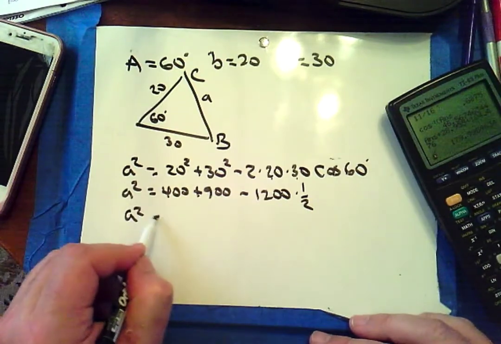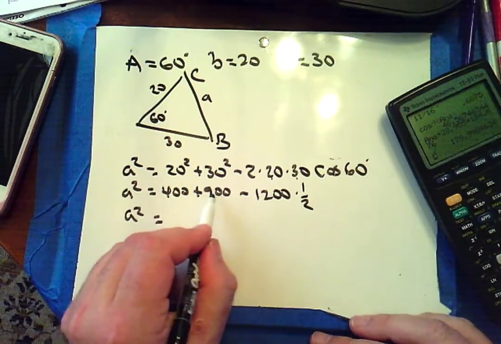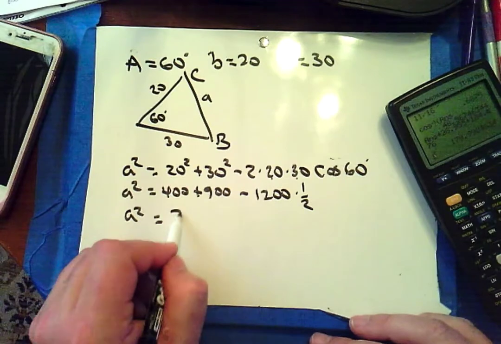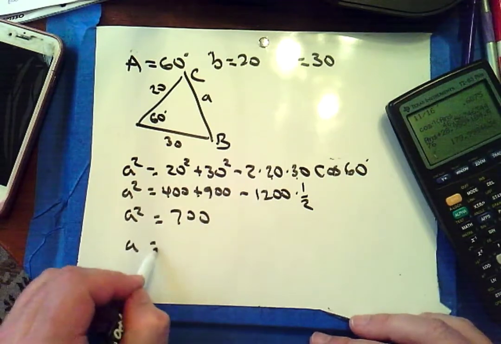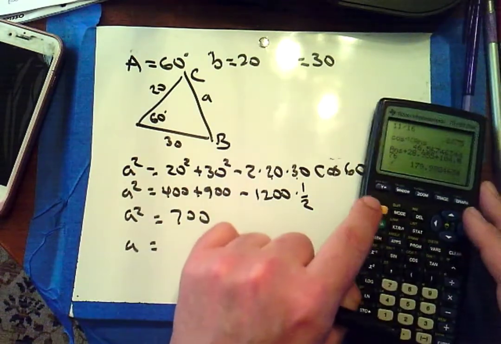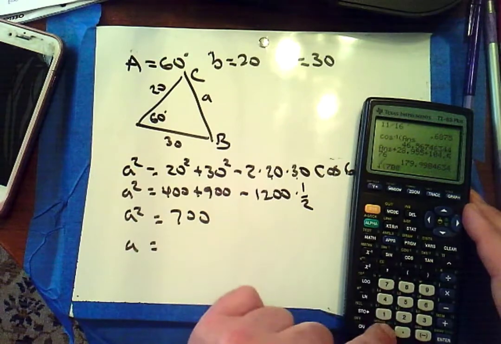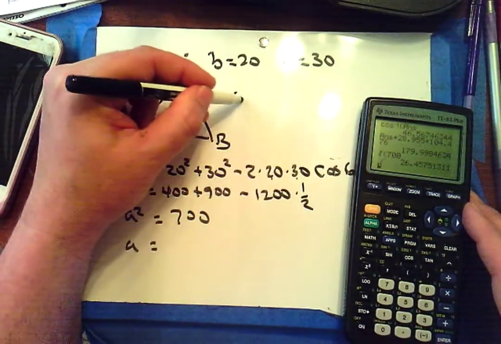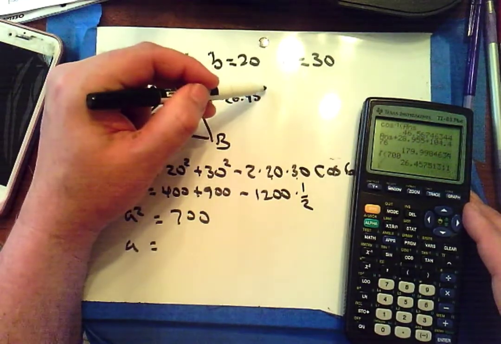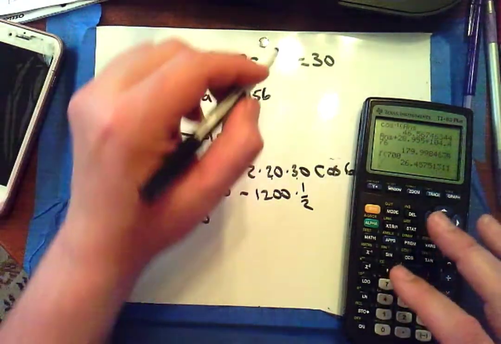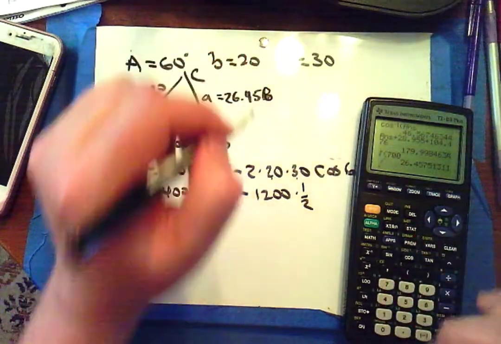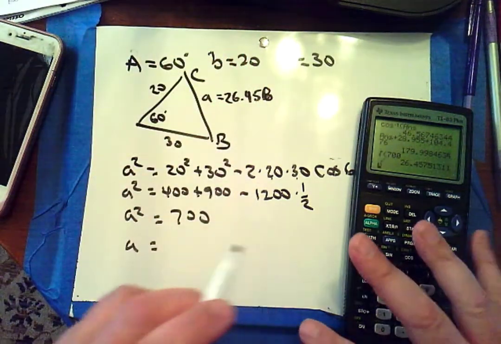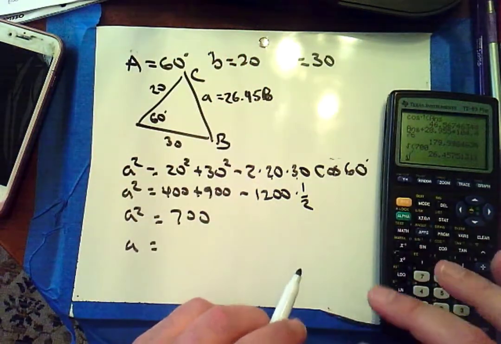So I have A squared equals 1300 minus 600 is 700, and so I know that A is the square root of 700. Square root of 700 is 26.458. Okay, so now I've got three sides.